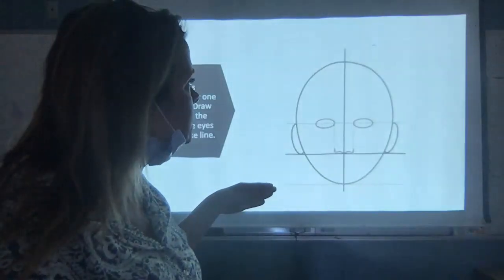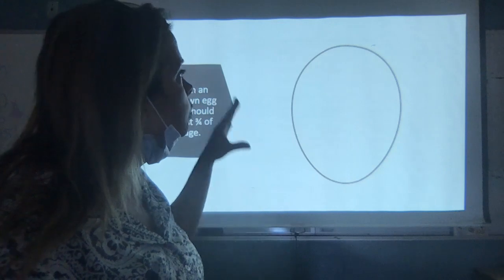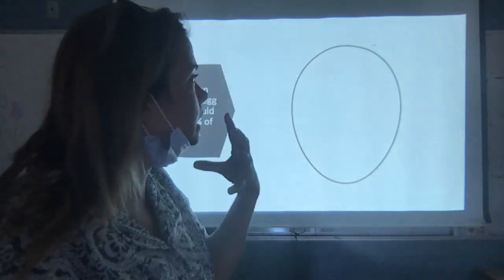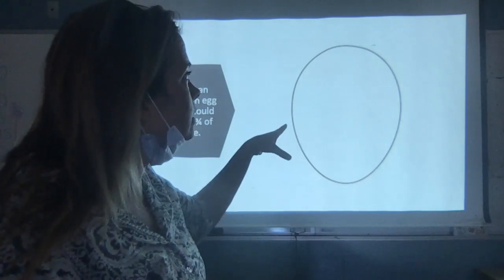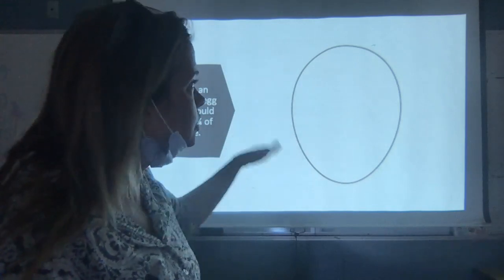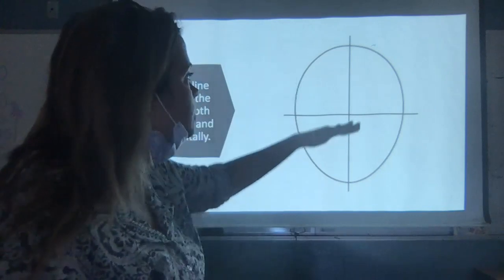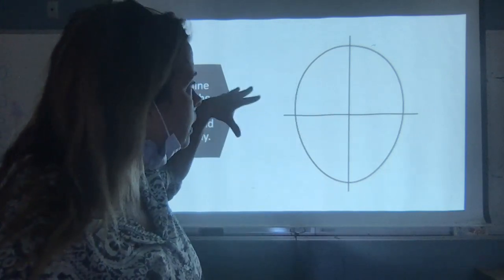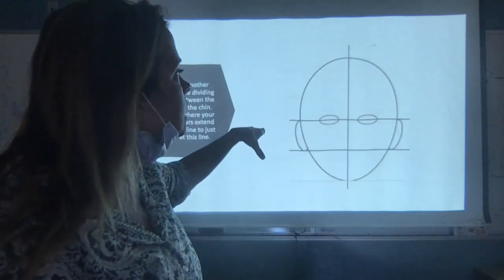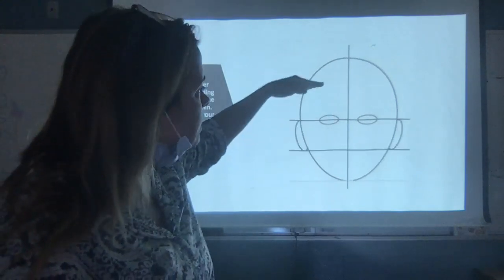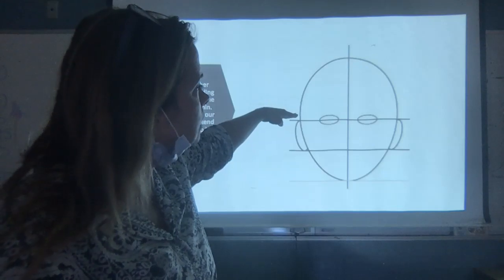but what I care about is that you can do it step by step. When we take things that are complex, like our face, and we divide them up and simplify them into just basic shapes, an egg shape for the head, then we do a horizontal and vertical line right in the middle of it. Then we measure out our eyes. Then we divide that horizontal line in the middle.